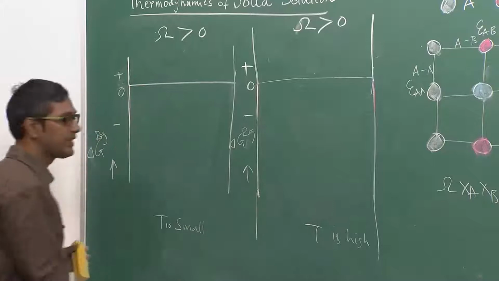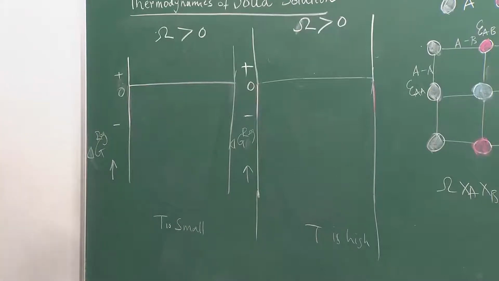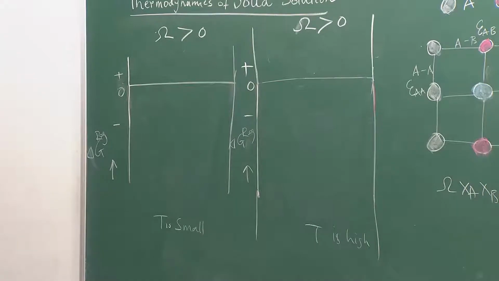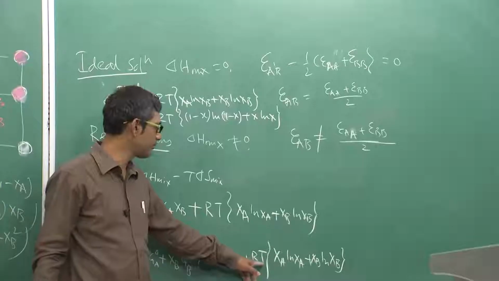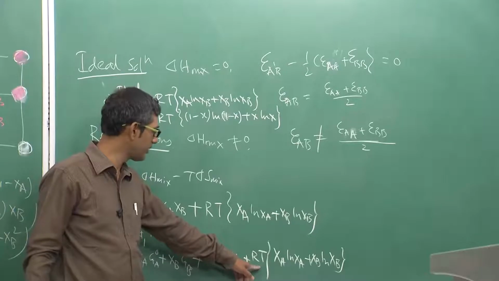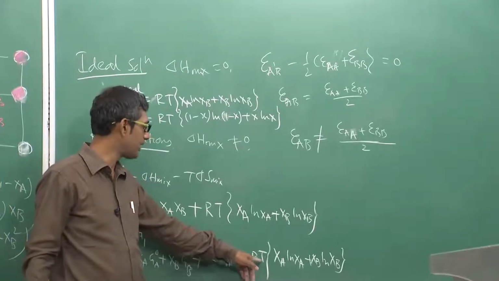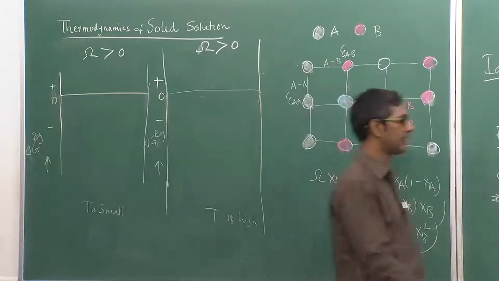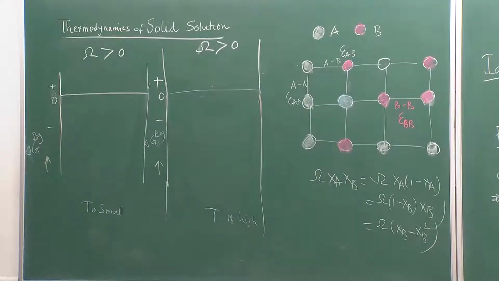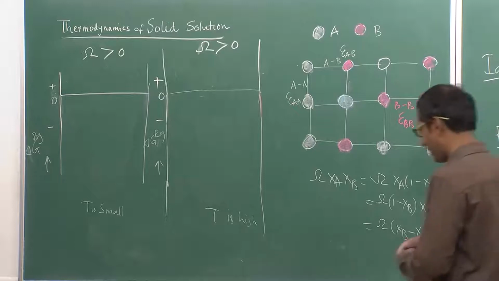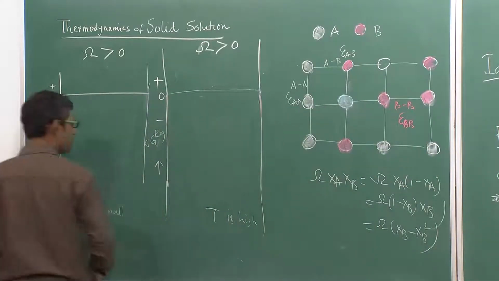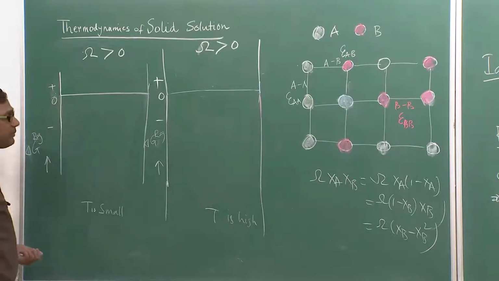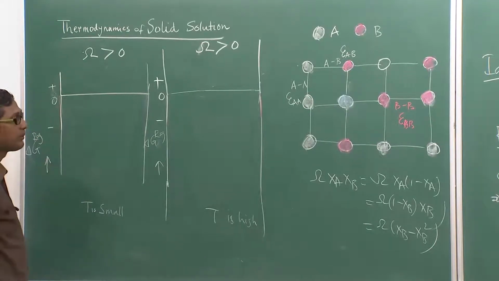Okay. So, for T small, as you see, the entropic contribution is small, correct, because T is present in this equation. Because it is present in the equation, the value of the entropic contribution, or T delta S mix, will strongly depend on temperature, so it will be lower, not higher. So, let us first plot what will happen to delta H mix. Obviously, delta H mix, because omega is positive, will be positive.